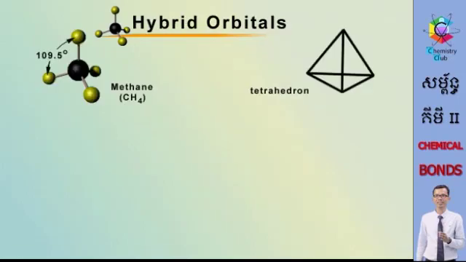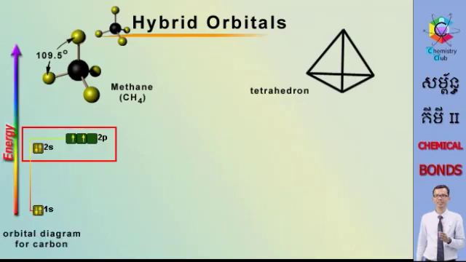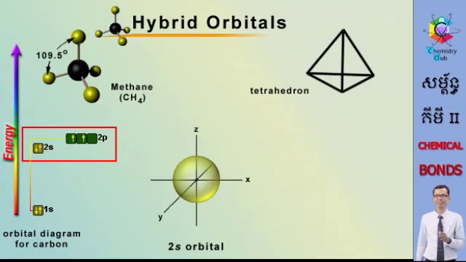You have seen that many molecules, such as methane, form 3-dimensional structures that are based on the shape of the tetrahedron. In the carbon atom of methane, the valence electrons that bond to the hydrogen atoms are found in the 2s and 2p orbitals. Recall that the shape of the 2s orbital is spherical.